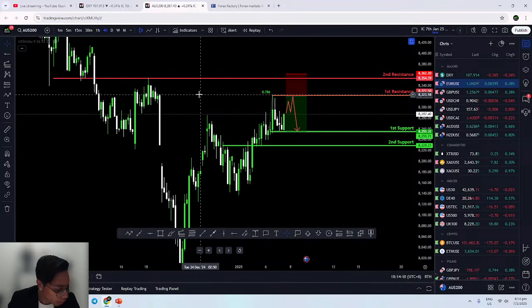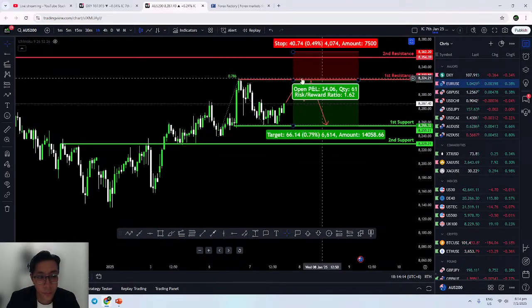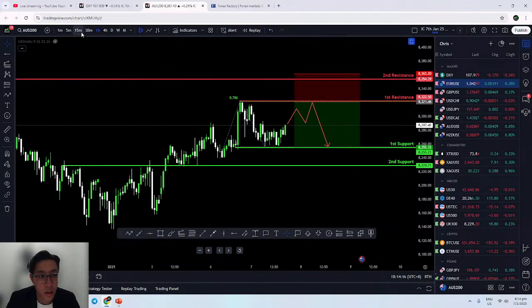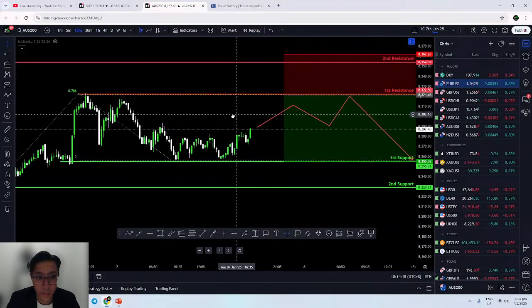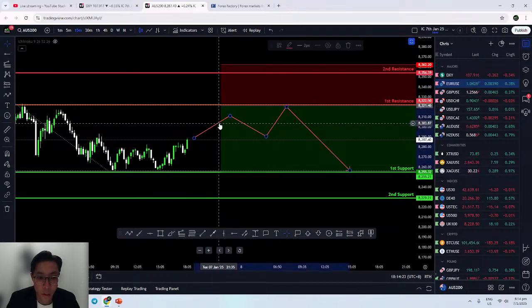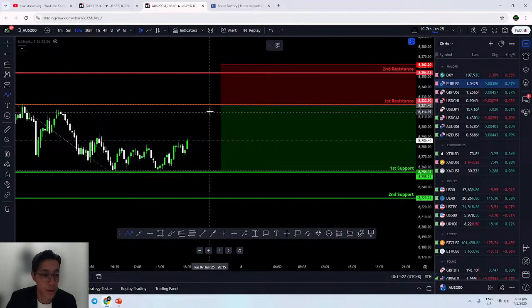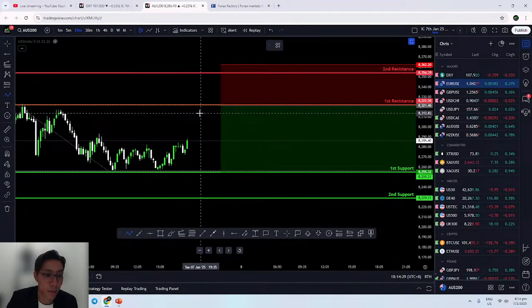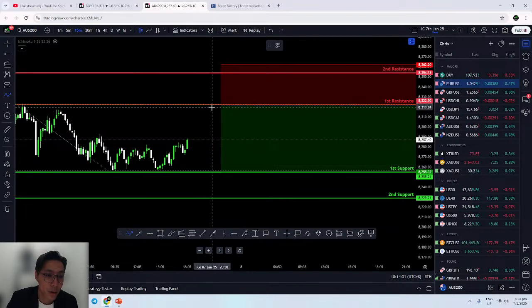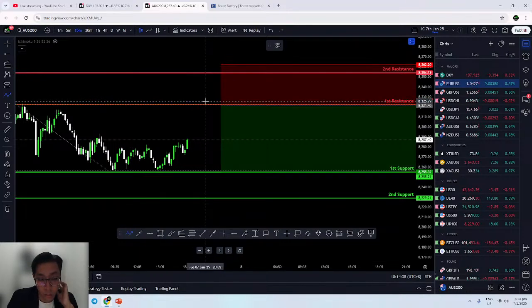Since we're on H1, we can go to 15 minutes after that. Once price reaches this area, what we are looking for is for price to not close above this height. If the H1 cannot close above this height, I would say don't enter the trade.